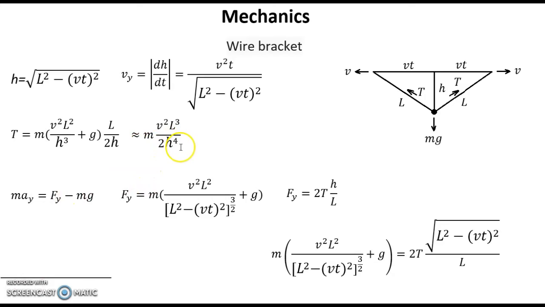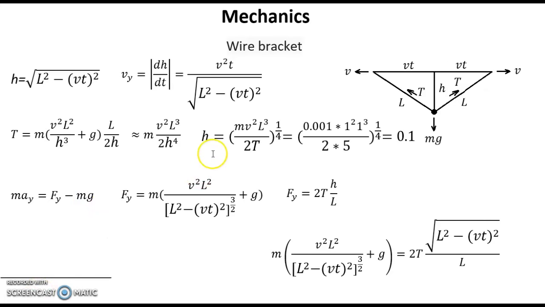And now we can count what the height h is for tension T. That will be this one, root of 1 over 4 of this expression, m v square L power 3 divided by 2 tensions T. Now we can use numbers to estimate our approximate h.